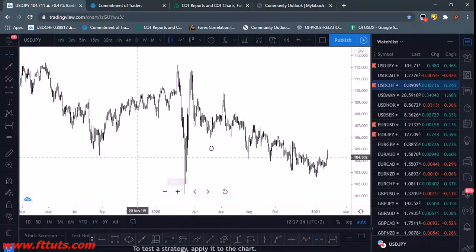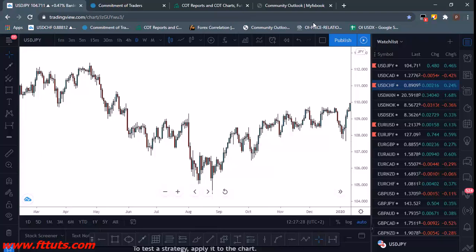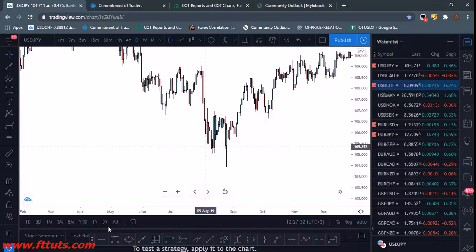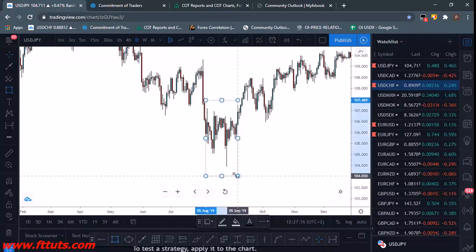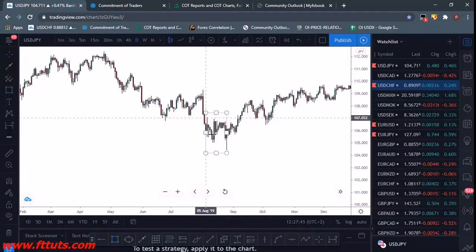Okay, we have one here. Very clear. After this move happened, the market started right here to slow down, to the low that broke everything, situated down here. The market started slowing down.